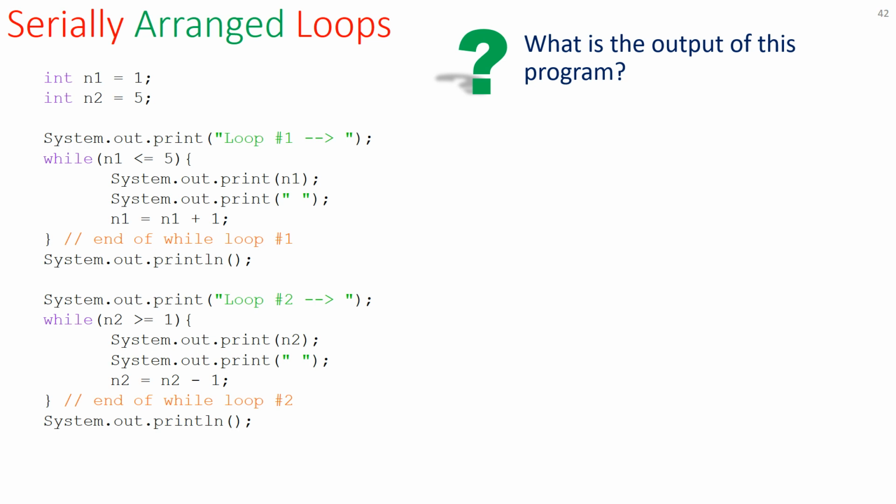When I'm done with the first loop, I go to the next line. So I display loop number 1 with that arrow, then after the arrow all the numbers that I count. Then I go to the next line. Then display loop number 2 with an arrow, display on the same line all the numbers that the variable n2 takes, and then System.out.println.